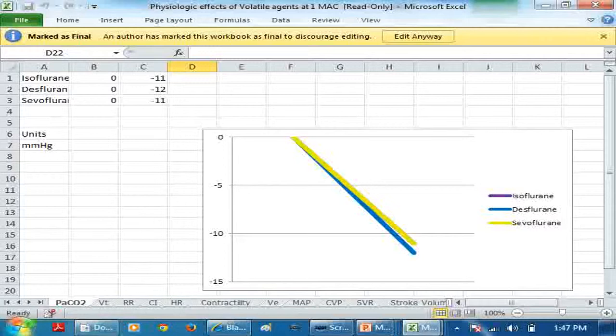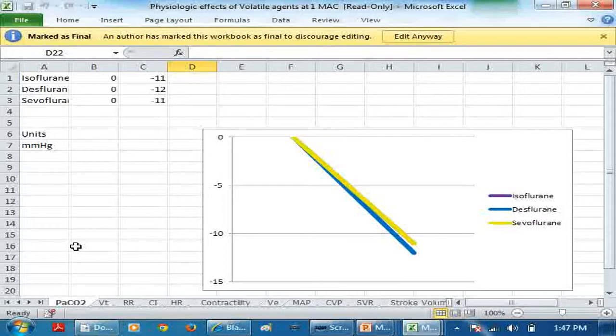The effects at 1 MAC of mean arterial pressure, for example. So what I did is I took the 3 agents that I want you to be aware of, and to my best ability, I mirrored up the numbers in those graphs and came up with these results. All right? So we're just going to start with the left tab and move over to the right tab.